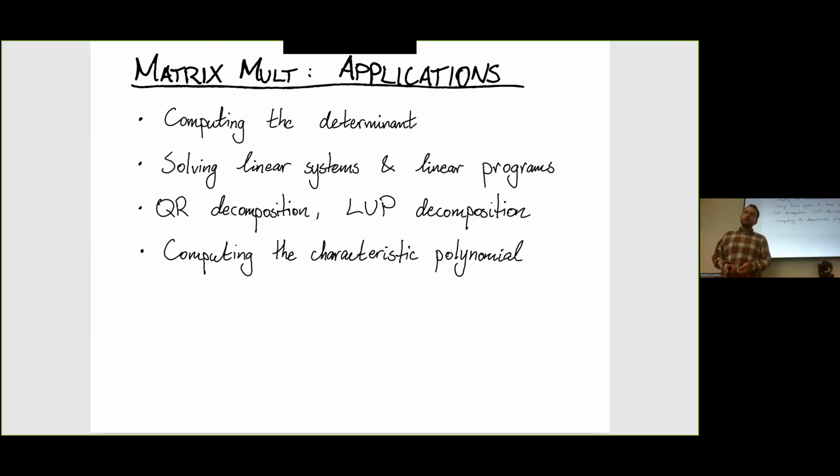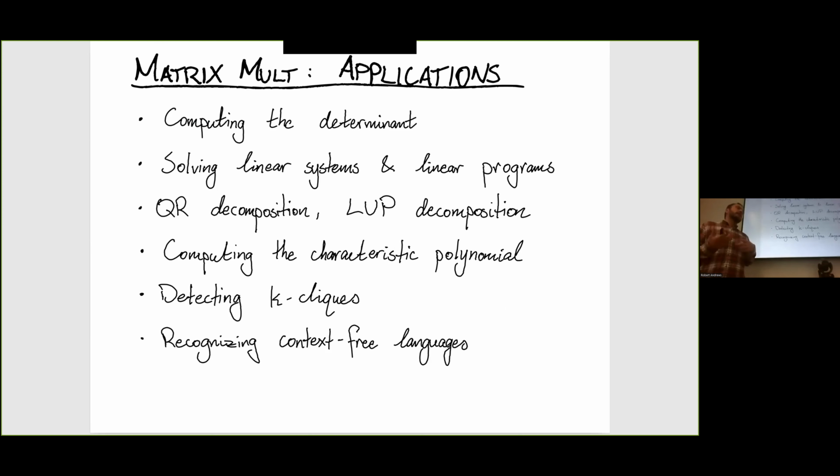You can compute the characteristic polynomial of a matrix. Lots of nice linear algebraic problems, but you can also do things that don't look like linear algebra on their face. So for example, you can find k-cliques in a graph using fast matrix multiplication. This isn't something that's obviously linear algebra. You can also recognize strings in context-free languages, again, using fast matrix multiplication. And there are a lot of other applications of this.